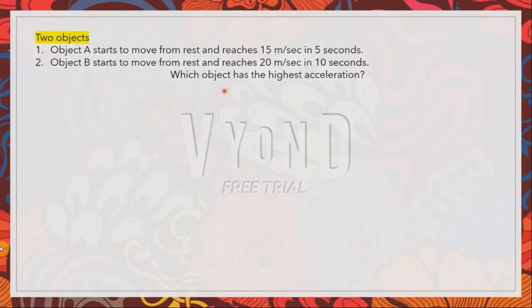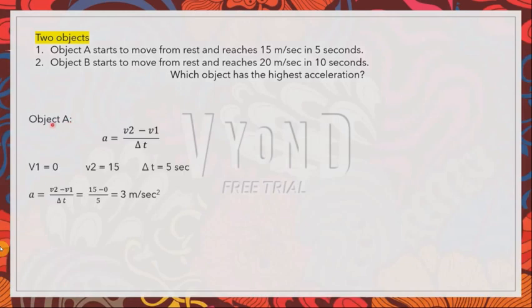Step number 1 is to calculate acceleration for object A. If I want to calculate acceleration, then I need to remind myself of the rule. Acceleration equals V2 minus V1 divided by delta T. What is the information related to object A? The object starts from rest, so the initial speed is 0.